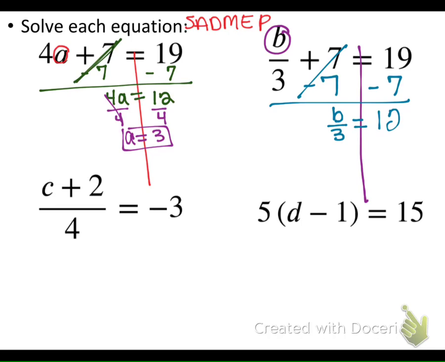Okay. So now I need to get the b by itself. So what do I do from here? Times 3. So the opposite of division is multiply by 3. So I'm going to multiply each side by 3. Left side is b equals? 36. 12 times 3 is 36. Good.